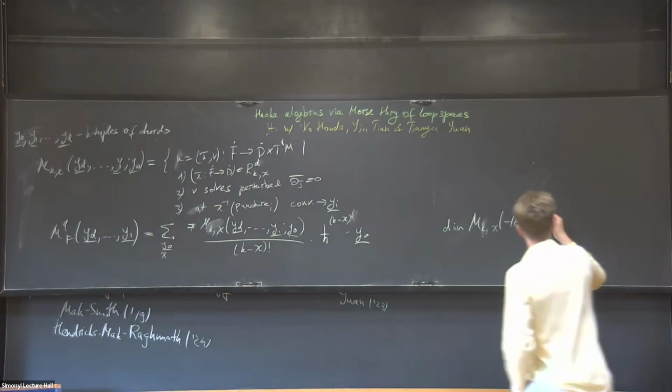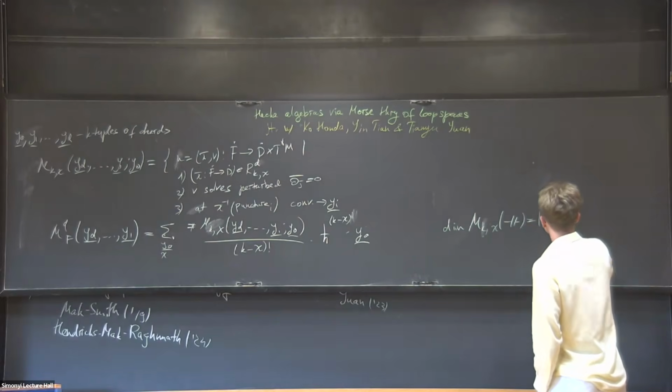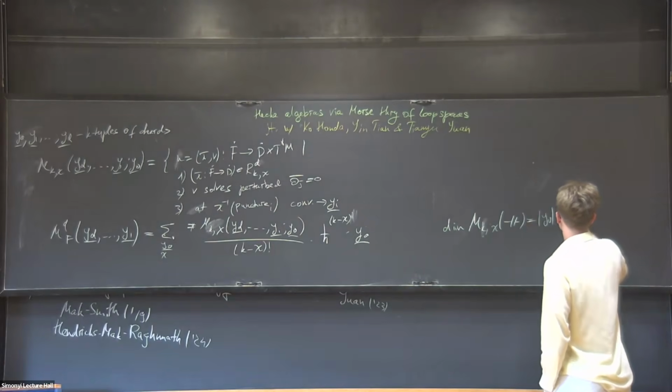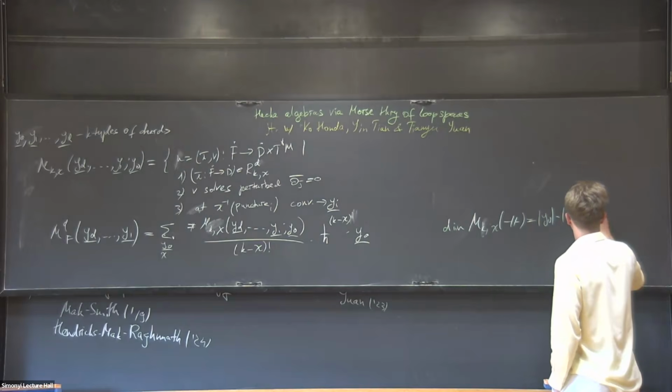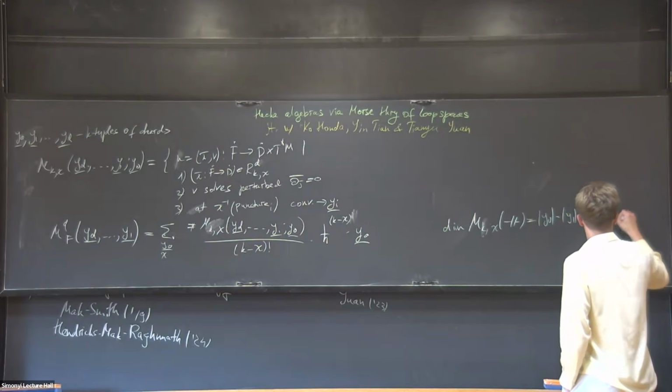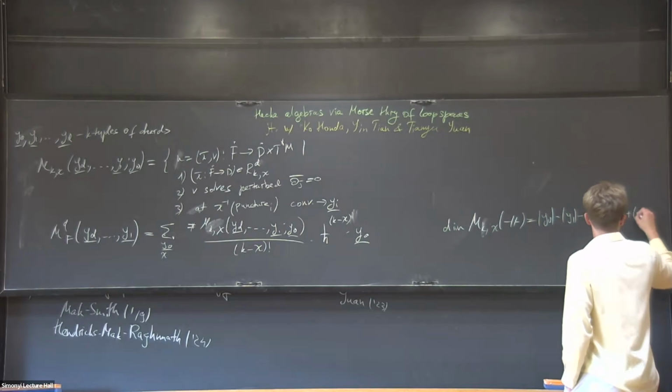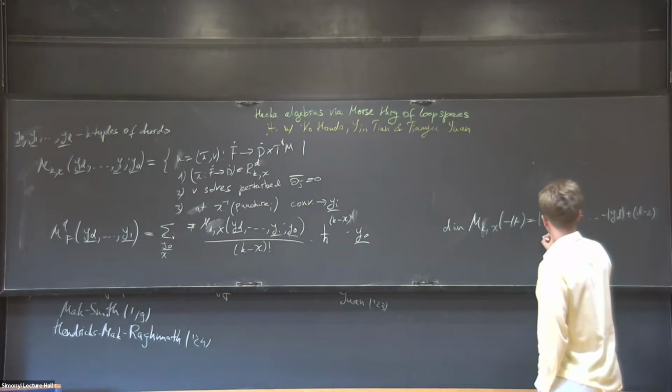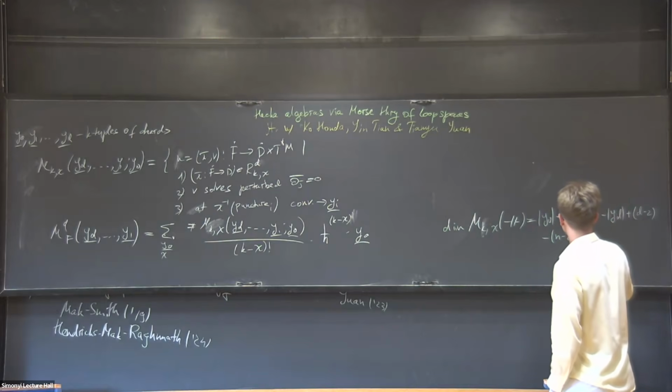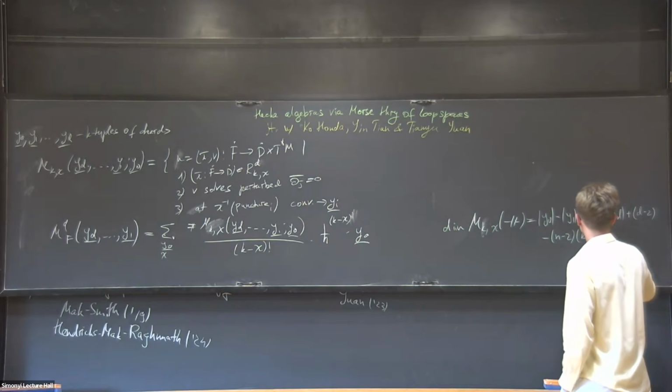First you have the usual contribution, and then you subtract n minus 2 times kappa minus chi.